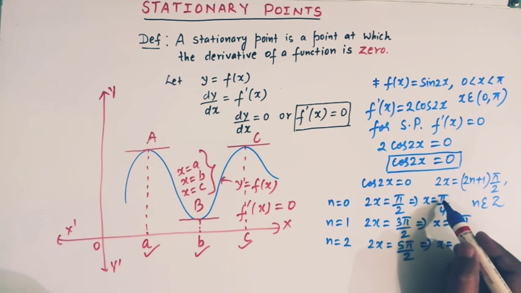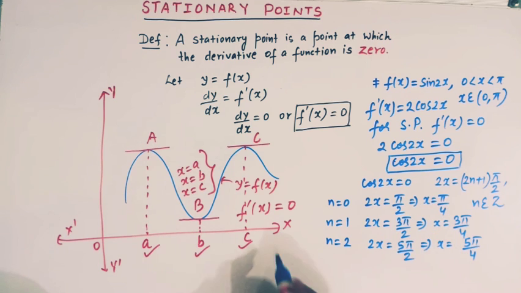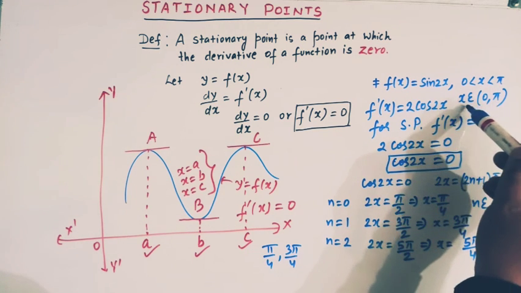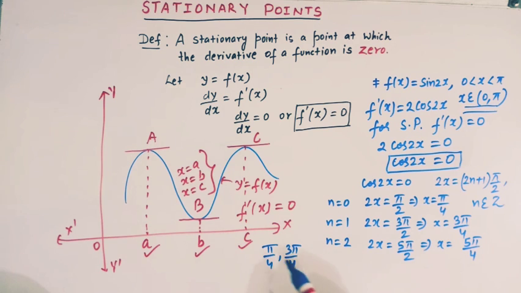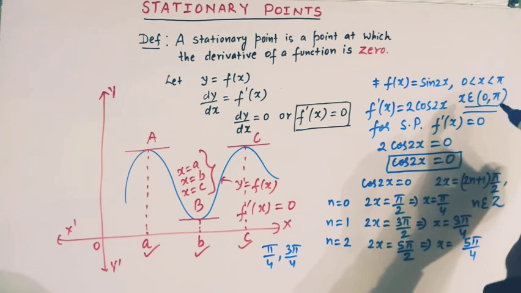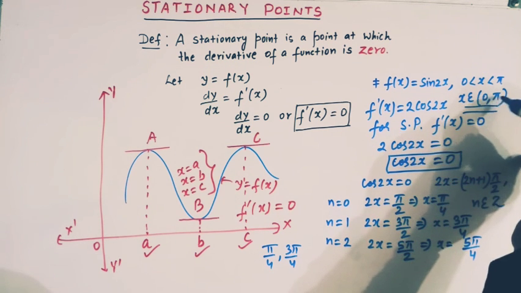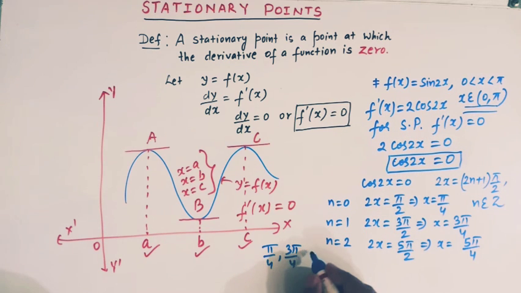Now we see that x equal to pi by 4 and 3 pi by 4, these 2 points lie in this interval, or in other words, these 2 points fall within this given interval. So pi by 4 and 3 pi by 4 belong to 0 to pi.